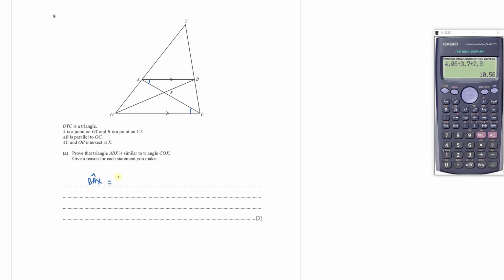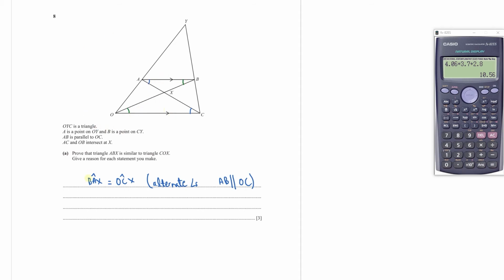BAX equals angle OCX because alternate angles where AB is parallel to OC. And similarly, this angle here will be equal to this angle. These are also alternate angles for these two parallel lines.